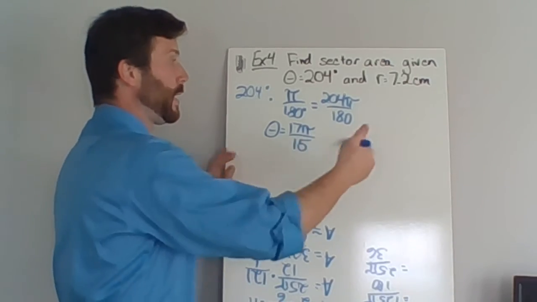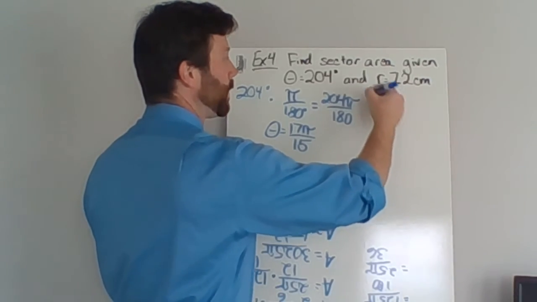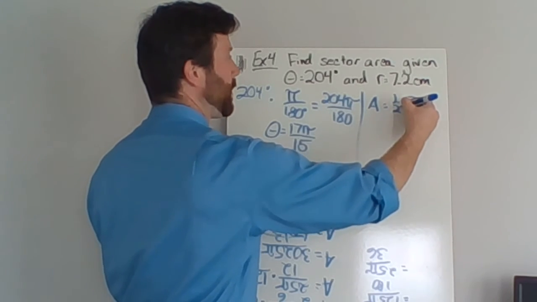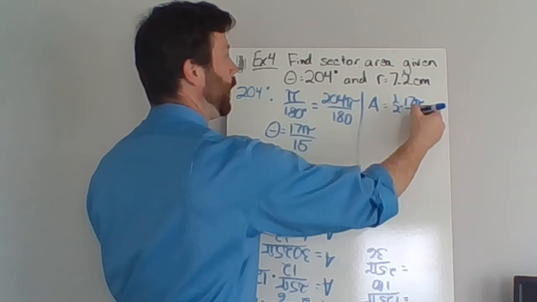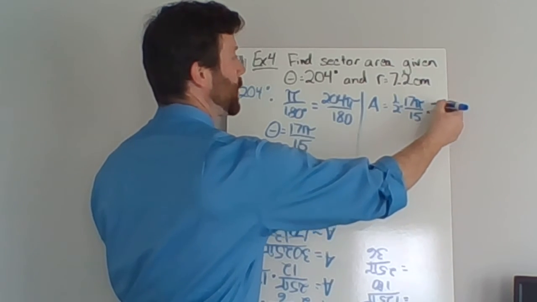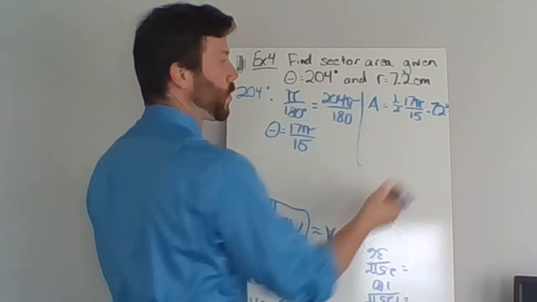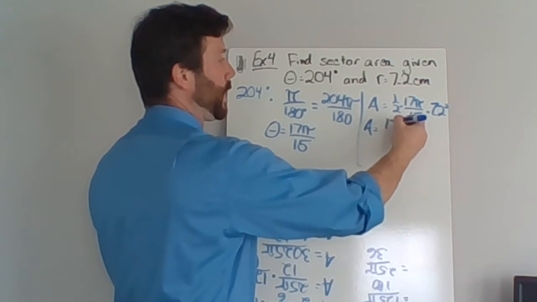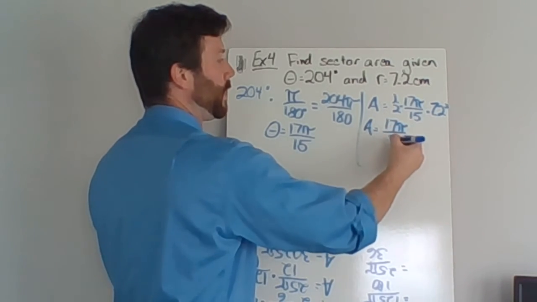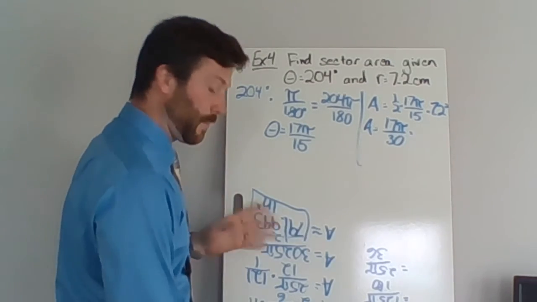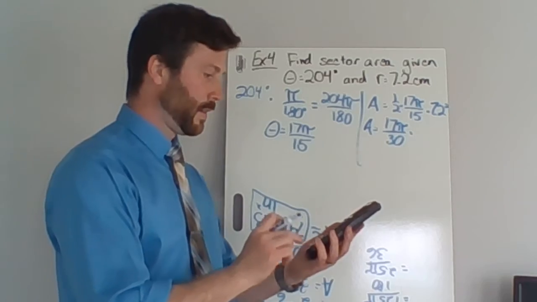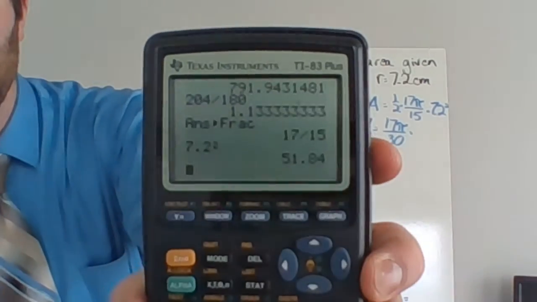So now I'll take this, and area is equal to 1/2 times 17 pi over 15 times 7.2 squared. Okay, now multiply straight across, and we'll get 17 pi over 30 times, I don't know what 7.2 squared is, so 7.2 squared, and I get 51.84.